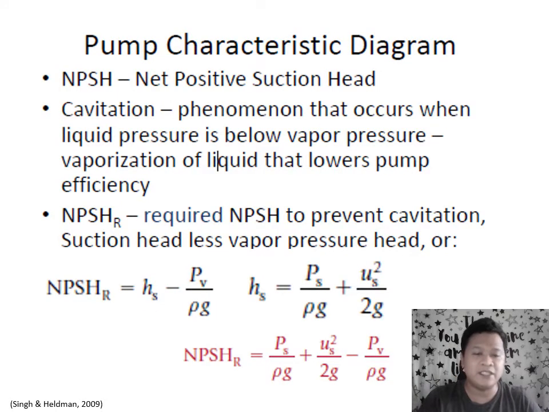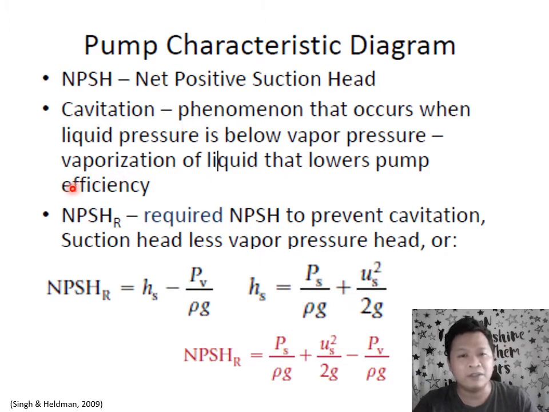As you've probably seen in the earlier video, may nabanggit yung phenomena ng cavitation. And to prevent this cavitation, which is yung pag-boil or pag-evaporate ng water because of the lower vapor pressure inside the system dahil nga may suction ka, may vacuum na nagaganap. And we know that in vacuum, water evaporates at a lower temperature.